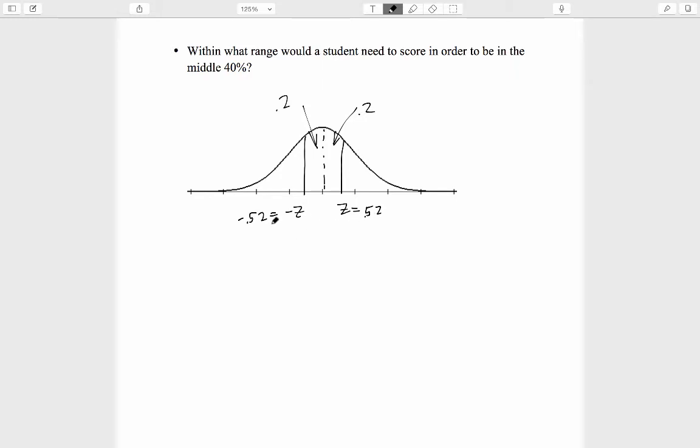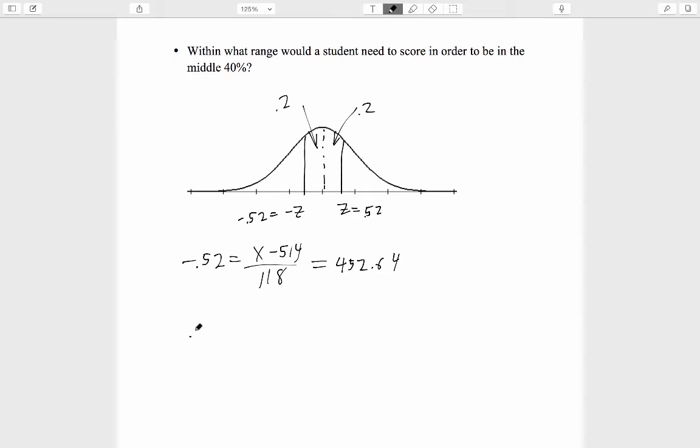And now we want to understand what actual scores on the SAT correspond to this many standard deviations away from the mean on either side. When z equals negative 0.52, we compute the corresponding score as we did earlier. We are solving for x in this equation: z-score equals unknown minus the mean, divided by the standard deviation. This comes out to 452.64.